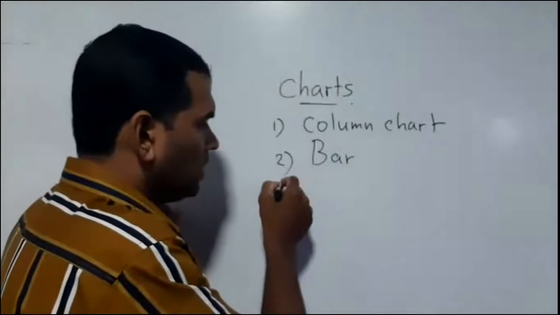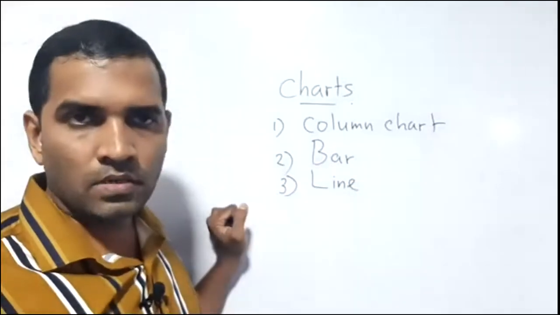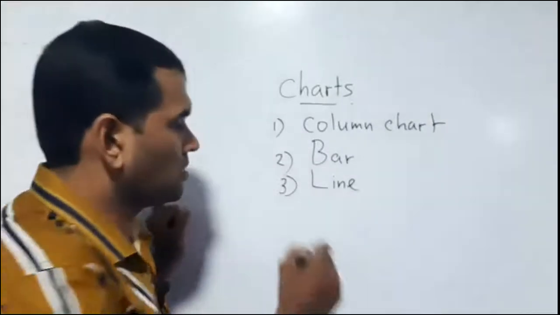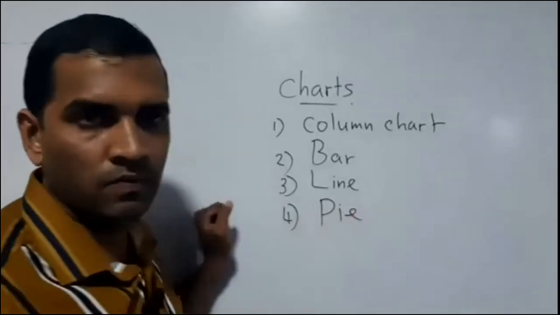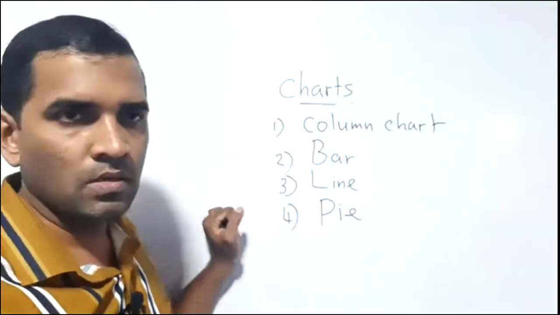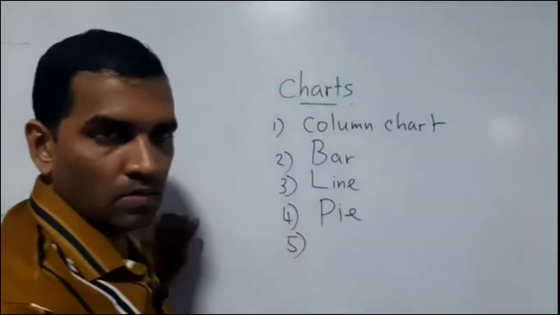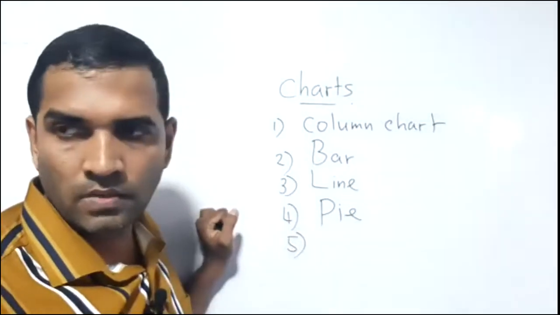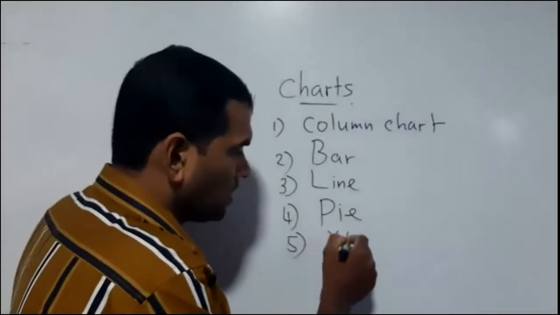Then we have another one called line chart. Yes, we have pie chart. This is something which is very familiar to you, pie chart. It's a circular one, right? The last one for our syllabus, right? In our syllabus, but there may be many. Last one, XY scatter.